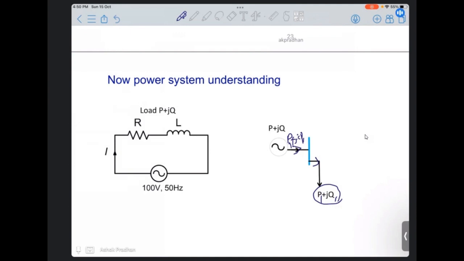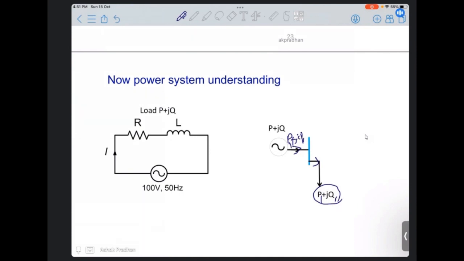So we studied our diagram for resistance, inductance, capacitance, and there also whatever is taken must be given. So here it is a give and take kind of thing. So you talk about 5 kVAr here, 5 kVAr there, minus 5 kVAr here, minus 5 kVAr there. Who provides? The synchronous machine, whatever source is there. And this synchronous machine has to operate such that it provides that 5 kVAr, it provides that minus 5 kVAr.